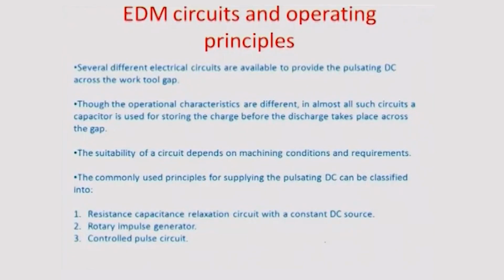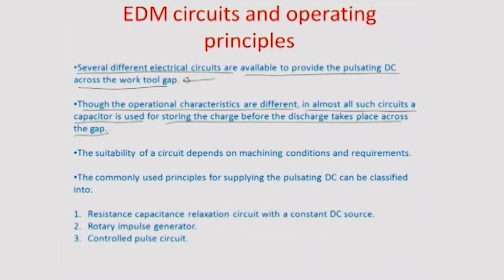So, there are several different electrical circuit designs which are available to provide this pulsating DC across the work-tool gap, and though the operational characteristics are different in almost all such circuits, typically a capacitor is used for storing the charge, particularly before the discharge takes place in the gap. So, it is used as a charge storing device.